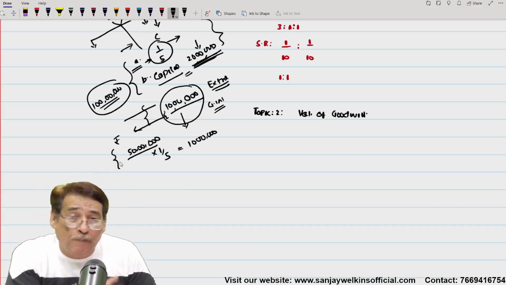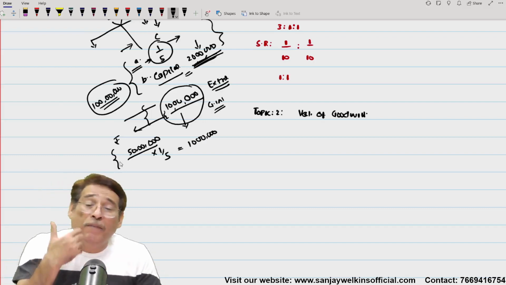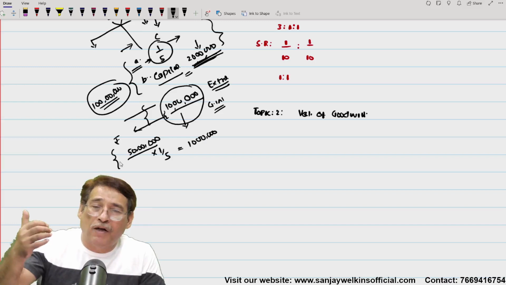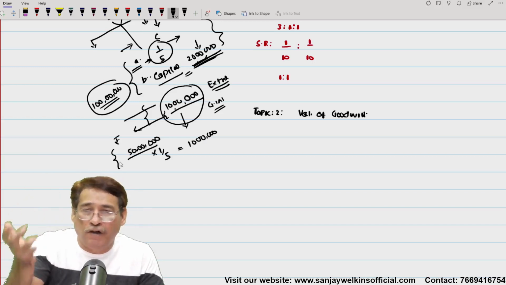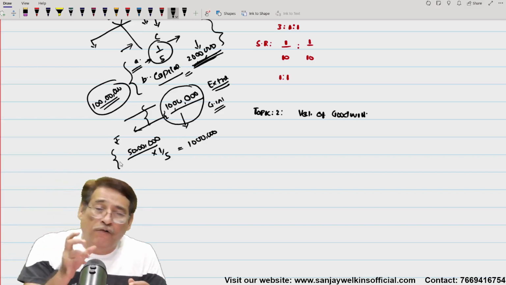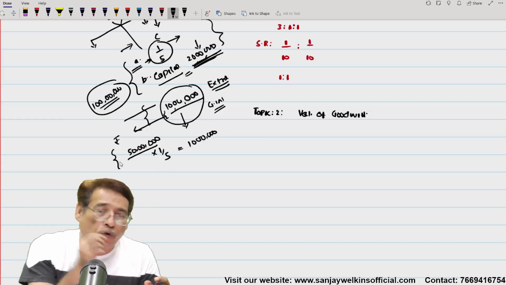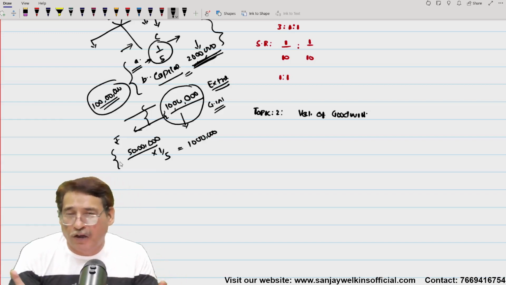So when a new partner comes into the partnership, sometimes he may force the old partners to prove that their firm's goodwill is this much. And in order to prove that, old partners will need the different methods of valuation of goodwill to prove to the new partner that our firm's goodwill is this much.